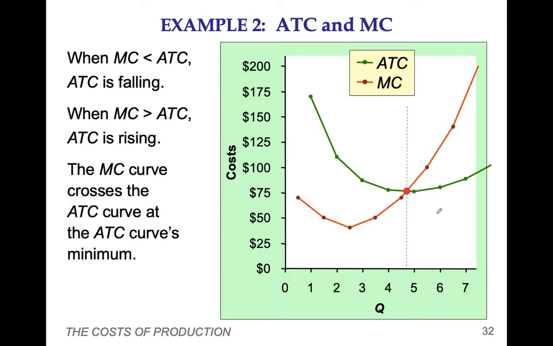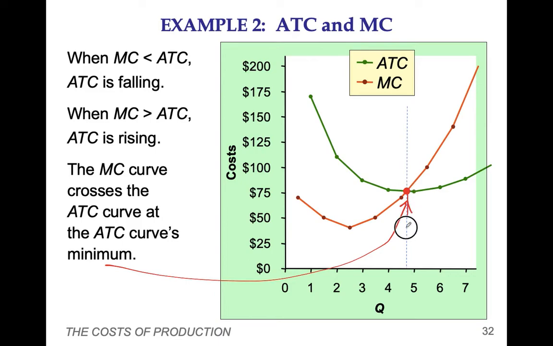So the MC curve crosses the average total cost curve at the average total cost curve's minimum. So here is the minimum. And the marginal cost curve tells us about the location of the average total cost curve's minimum.